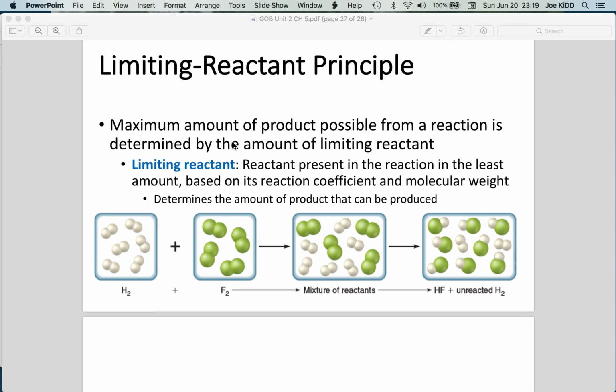The analogy that we usually use for this would be if you're making sandwiches and you have 5 slices of bread and you have 4 pieces of cheese and 2 pieces of turkey or something to that effect. And you have to make your sandwich in a very specific way. Whichever ingredient or reactant you run out of first is the thing that limits how many sandwiches you can make. It is the limiting reactant, the thing that determines how much product could actually be made.